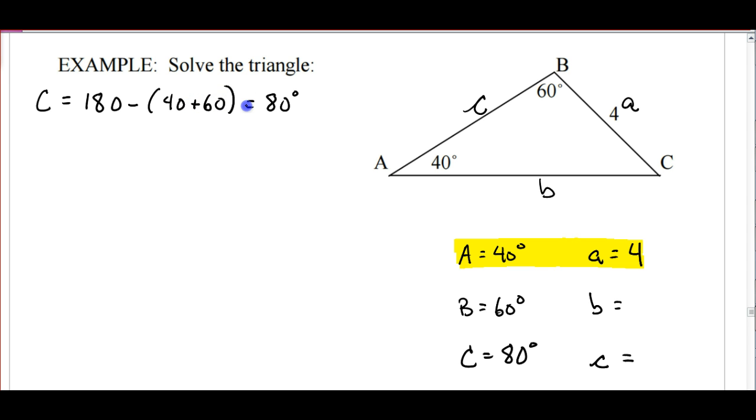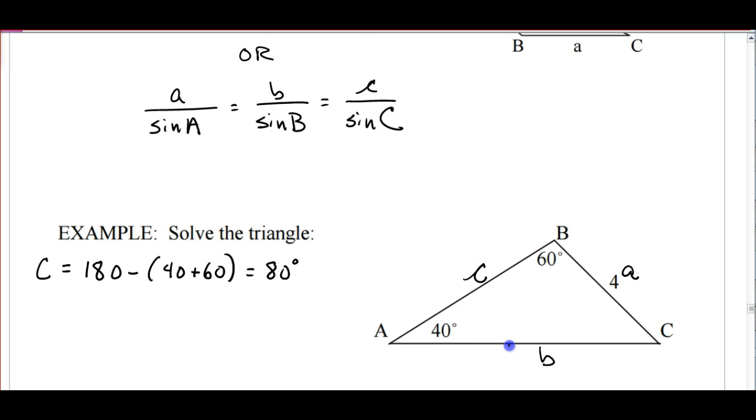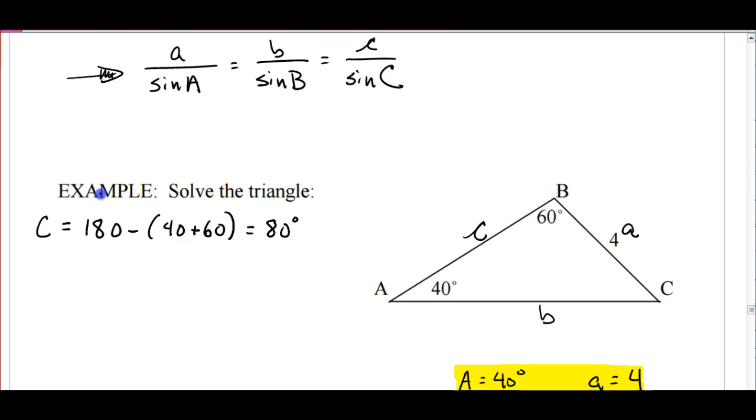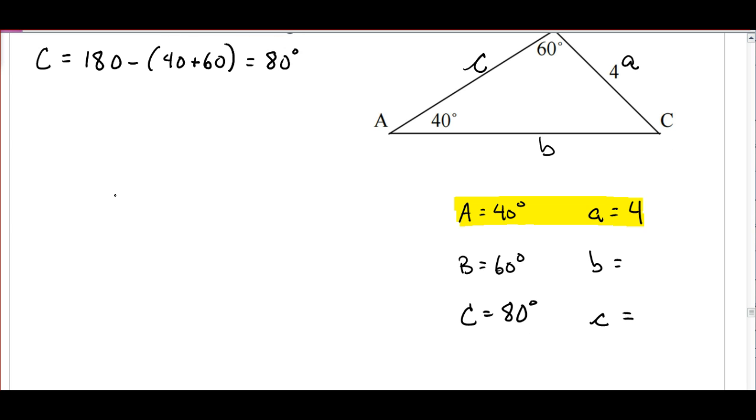So again, we've got 2 different forms of our law of sines. The ones with the angles on the top or the ones with the sides on the top. I'm going to use these because I'm trying to find the sides. So I'm going to start with b over the sine of B, which is 60 degrees. And I'm going to use my highlighted ratio here.